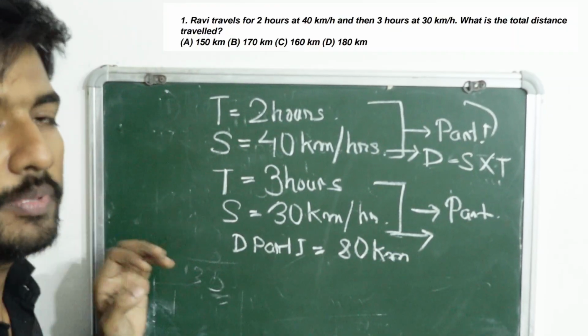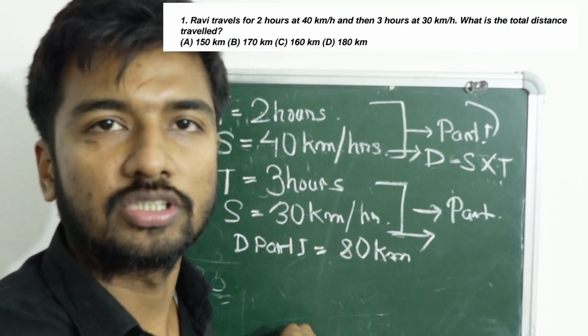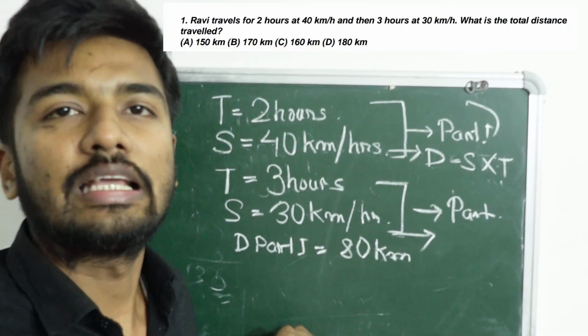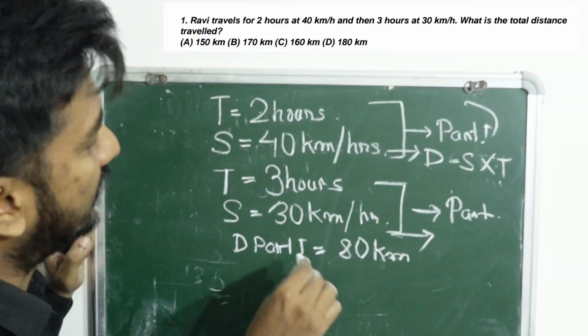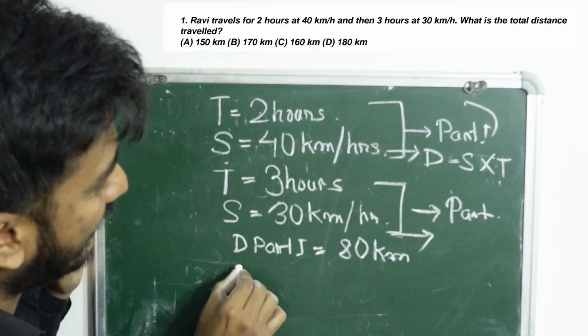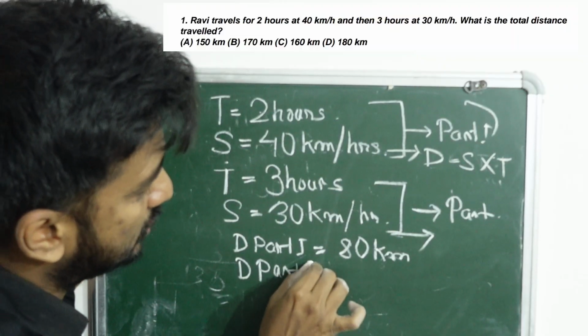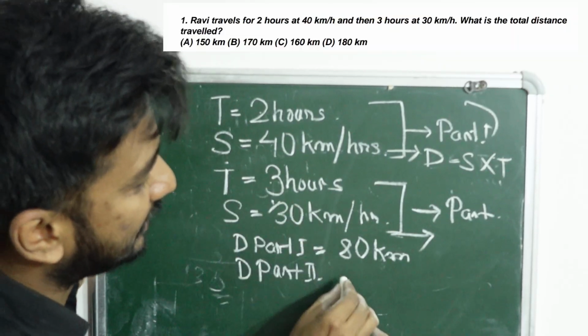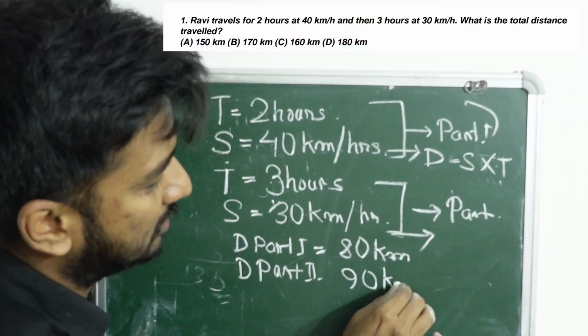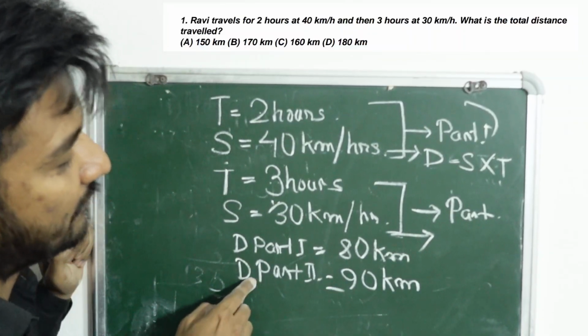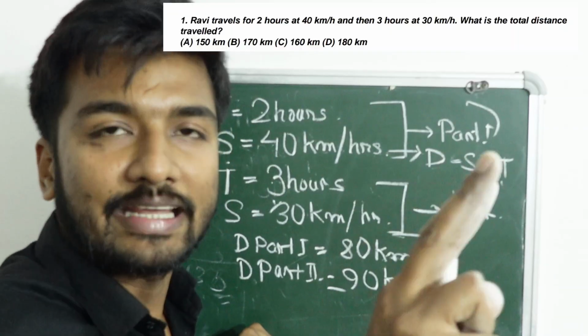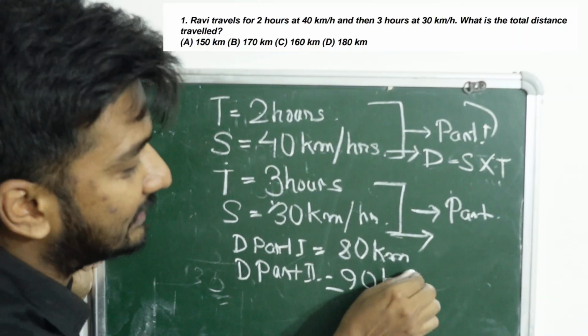The distance traveled by Ravi in part 1 of the question is 80 kilometers. And in part 2, 3 3s are 9. Distance part 2. What is 3 3s are 9? 90 kilometers. This is the distance traveled by Ravi in the second part, that is 90 kilometers.